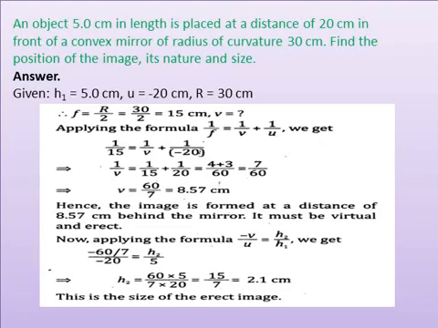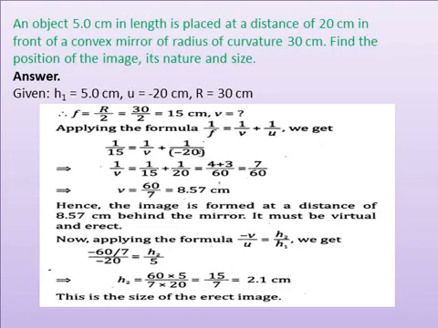You have two signs here, one plus in the formula and one minus in the U value. Whenever you get two signs, convert them into one sign: plus into minus, minus. Then transpose the formula to get 1 by V. So 1 by V will be 1 by 15 plus 1 by 20.